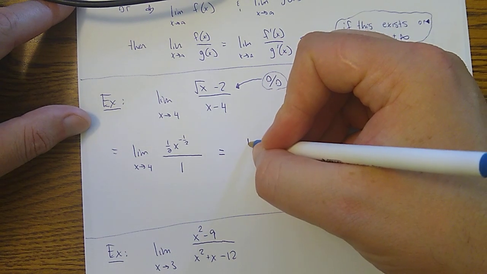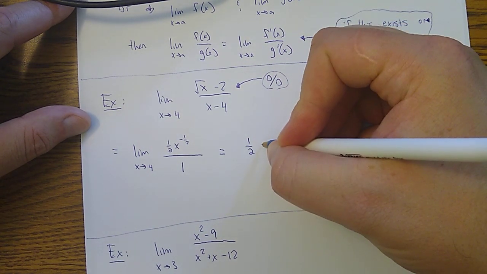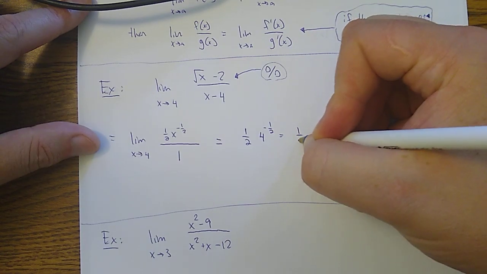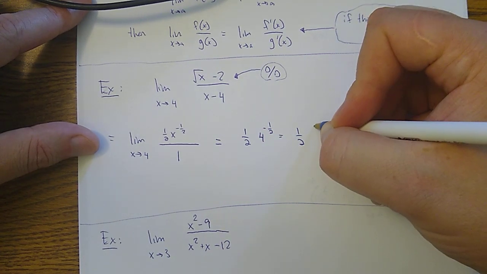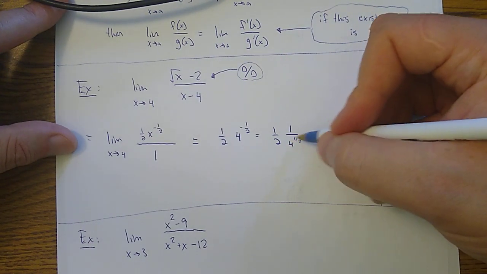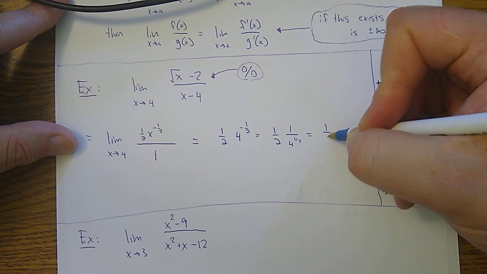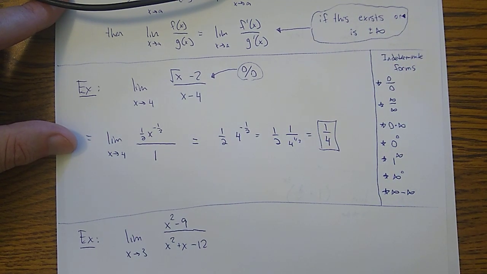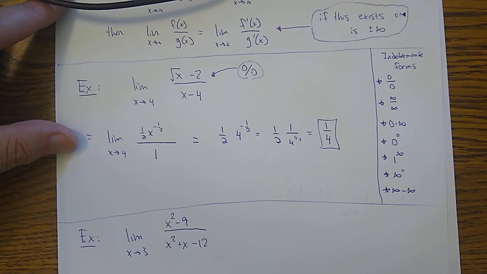I can just do it. 1/2 times 4 to the negative 1/2. 4 to the negative 1/2 would be 1 over 4 to the 1/2, right? 4 to the 1/2 is 2, so there we go.